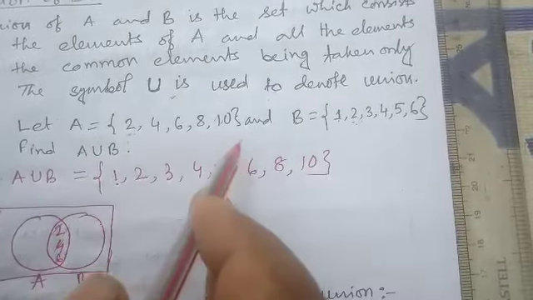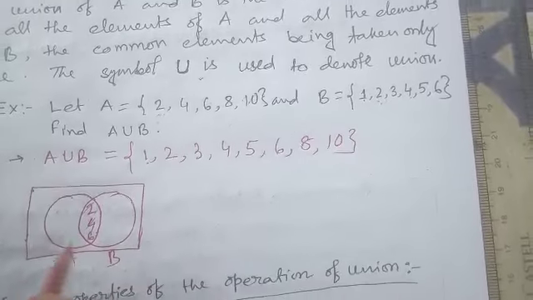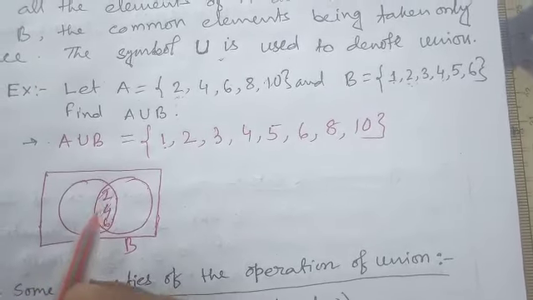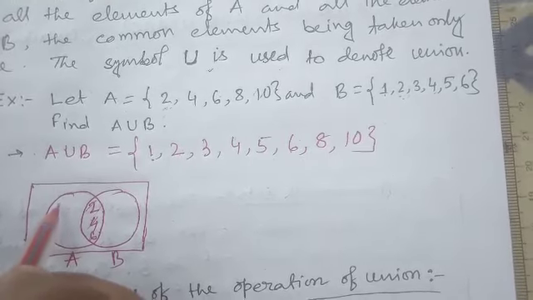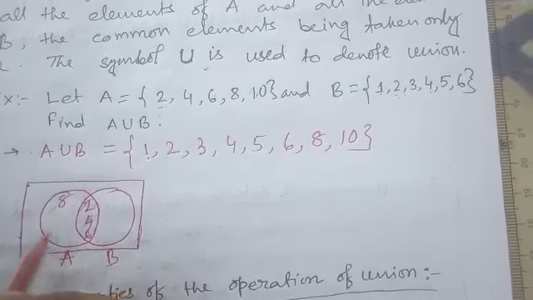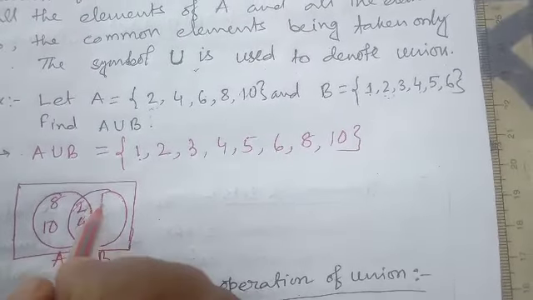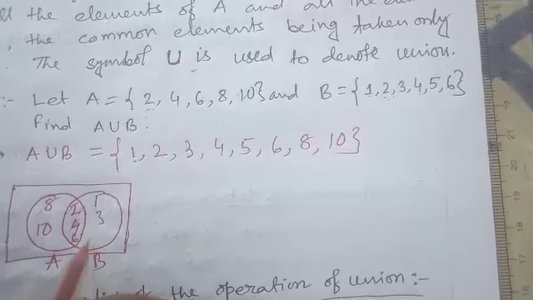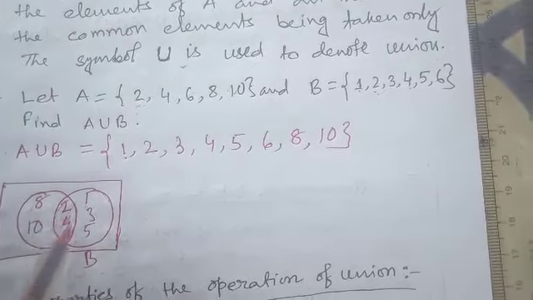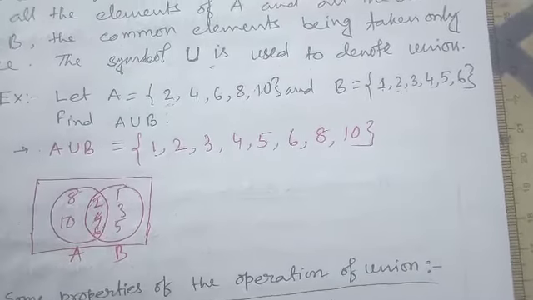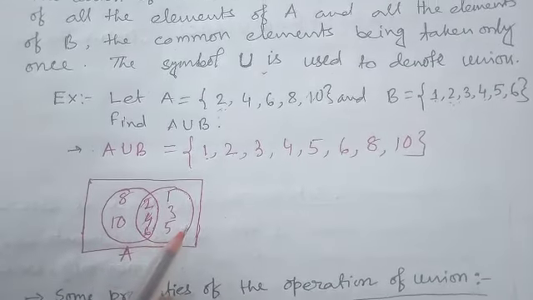That is why I have written them in the common portion. In set A the other elements are 8, 10, and in set B the other elements are 1, 3, 5. So this is the representation of A union B by a Venn diagram.